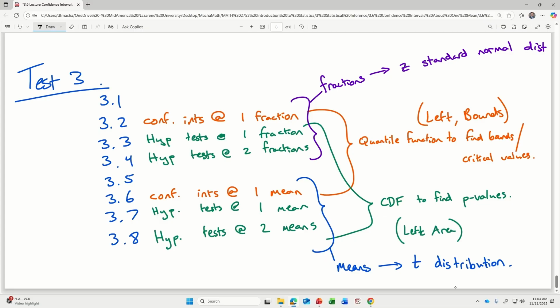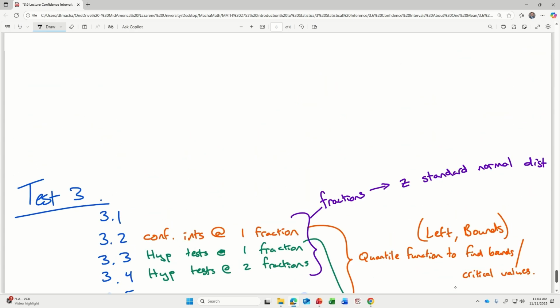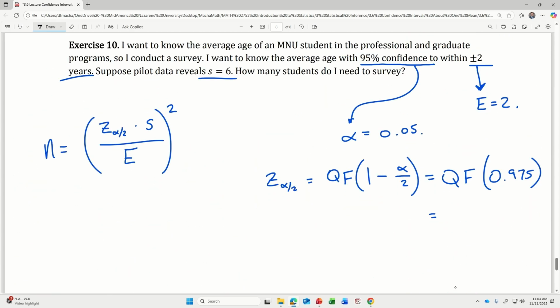Okay, does that clear it up a little bit? Well, in any case, back to our example. This is a case where I am constructing a confidence interval.